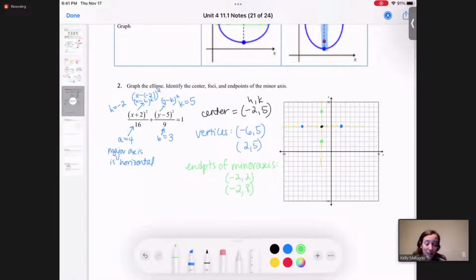And then I just have to get the foci, which we can calculate. And I'll connect this weird looking ellipse. Very circly, but not exactly.